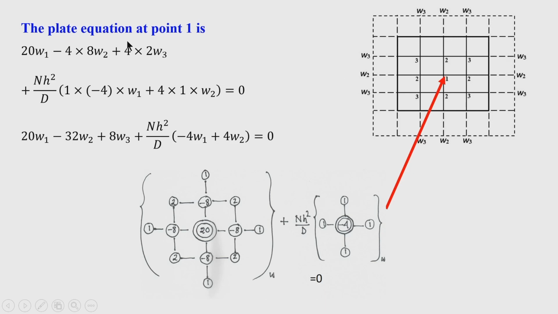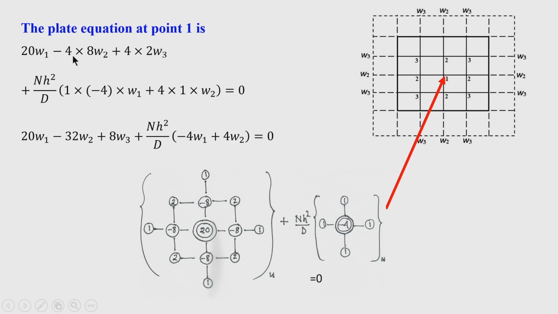Similarly, other deflection values are written. Applying the plate equation, that is the buckling equation, at point 1, we get this stencil, if I place it here. So, 20 is there and here minus 8, so minus 8 W2, and again minus 8 is here, minus 8 is there, minus 8 is there.